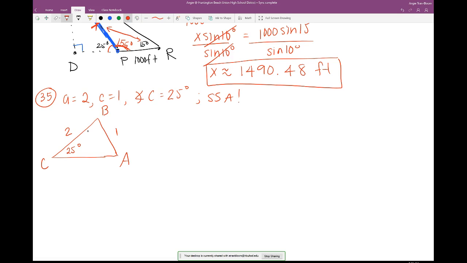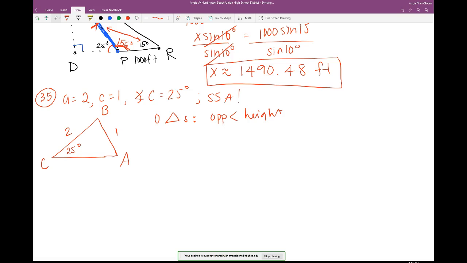You're right. Okay, so let's figure out how many triangles. Let's write down the rules again. What's the rule for 0 triangles? Opposite must be less than the height.